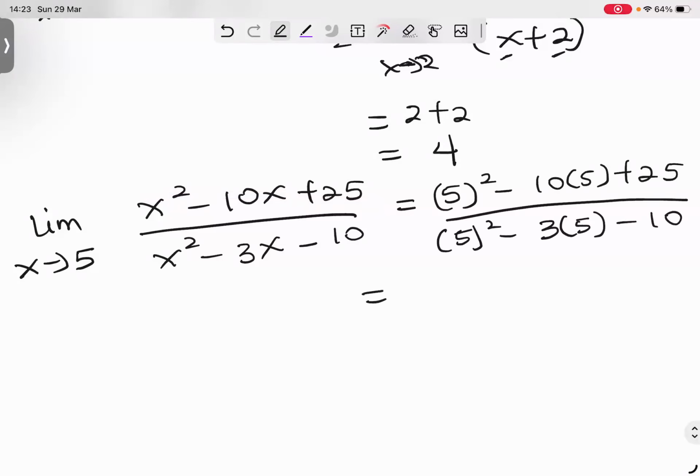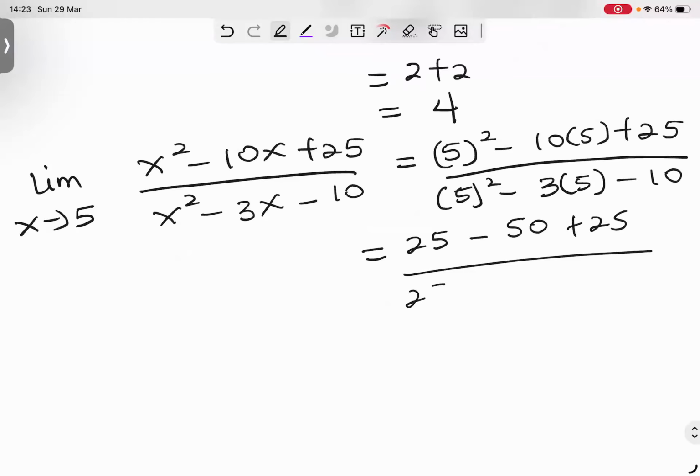This is equal to 5 squared, which gives us 25, minus 10 times 5 which is 50, then plus 25, divided by 25 minus 15 minus 10.